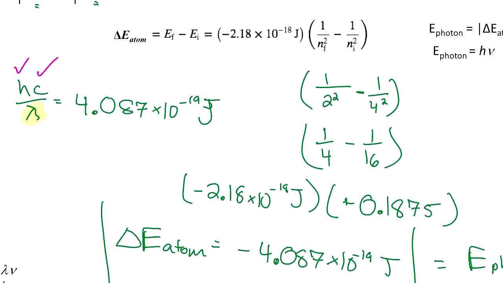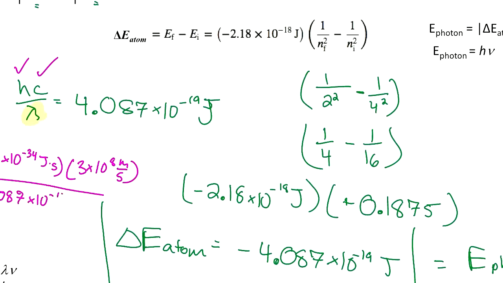So if you just rearrange, wavelength is equal to Planck's constant, 6.626 times 10 to the negative 34 joule second, times the speed of light, 3 times 10 to the 8 meters per second, over that joule amount we just got, 4.087 times 10 to the negative 19 joules.